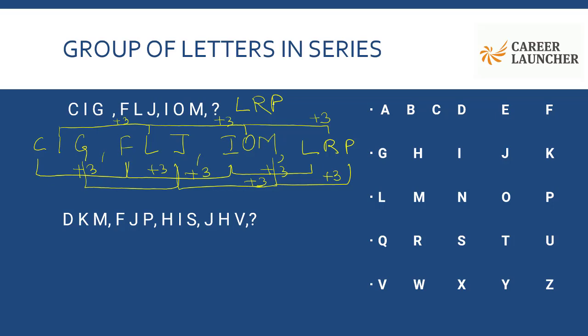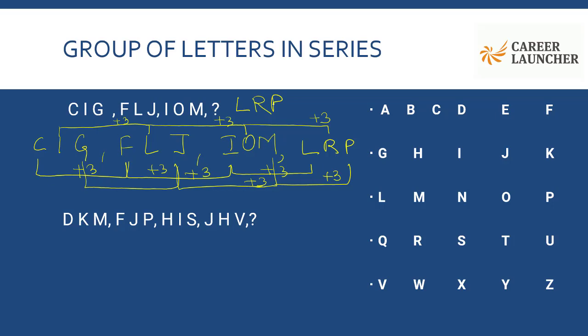Let's understand one more example. The example that I've taken here is DKM, FJP, HIS, JHV, and then we have to find out what should be the next element of this particular series. Let's see how each term has been derived here.